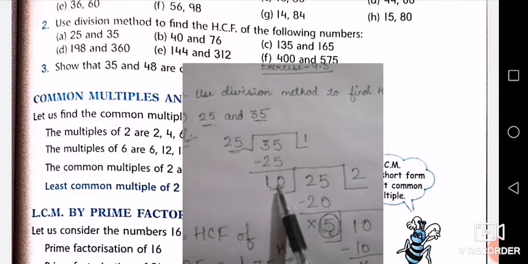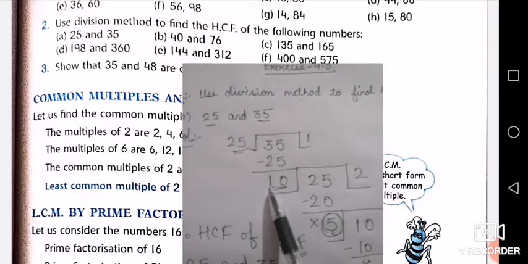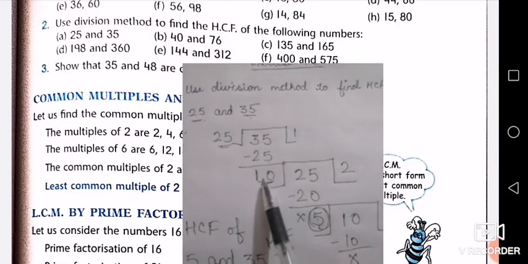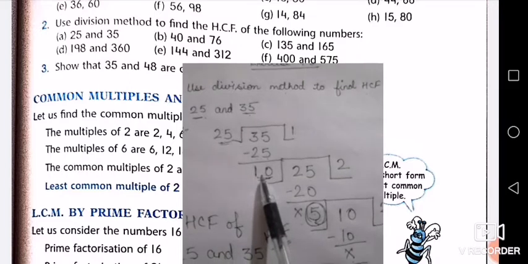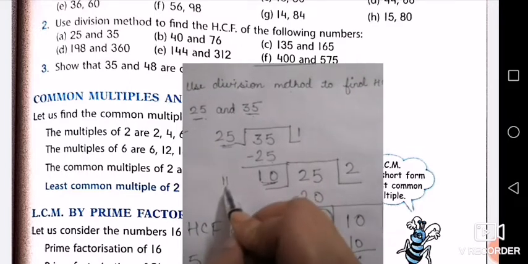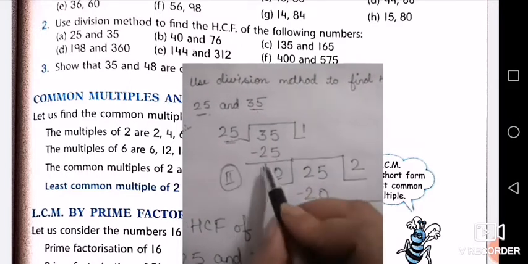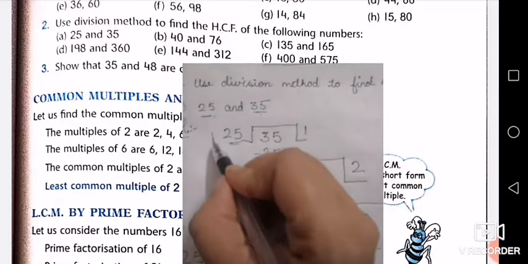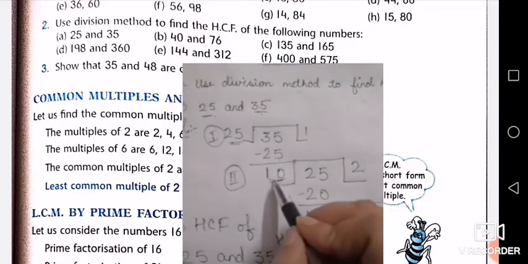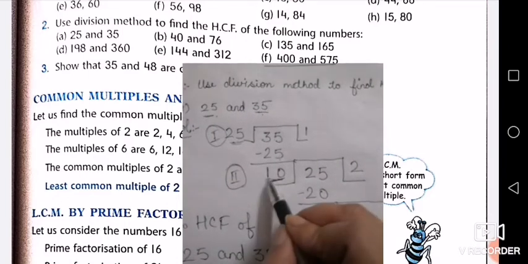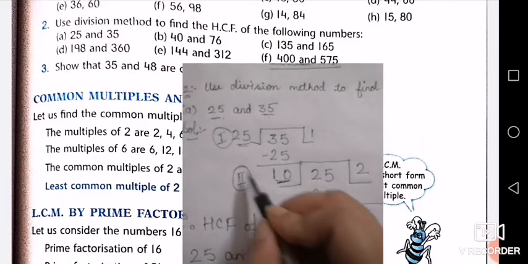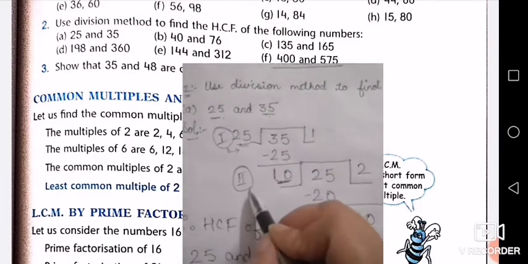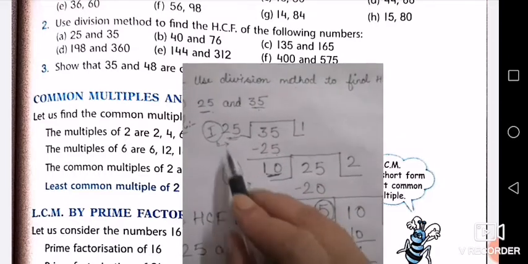Do the subtraction. You have got 10 as a remainder. Now in step 2, this is your step 2. In step 2, the remainder which you get from step 1 will become your divisor in the second step. See, these steps you won't need to write. That is for your understanding only.